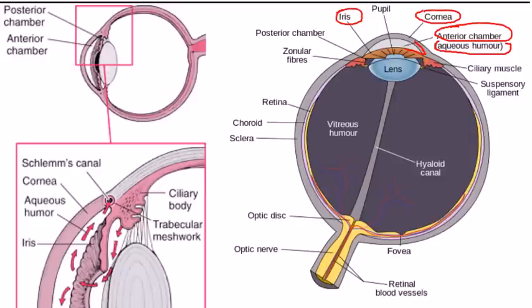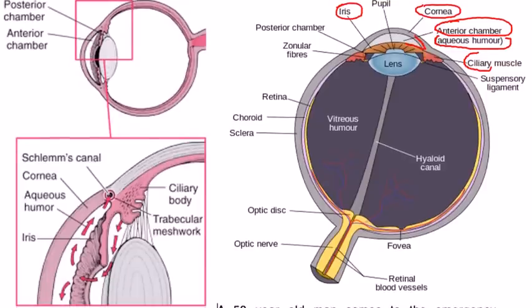Now, that fluid is produced by the ciliary body, and when this angle between the iris and the cornea is distorted, that fluid is not able to escape or flow out.